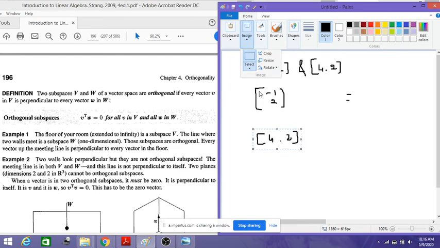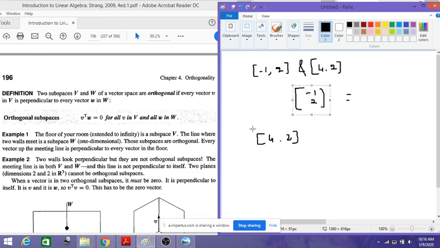Let me move this as well. Yes. Now when we write this, what do we get here? Now this is -4, we'll get +4, which is equal to 0.